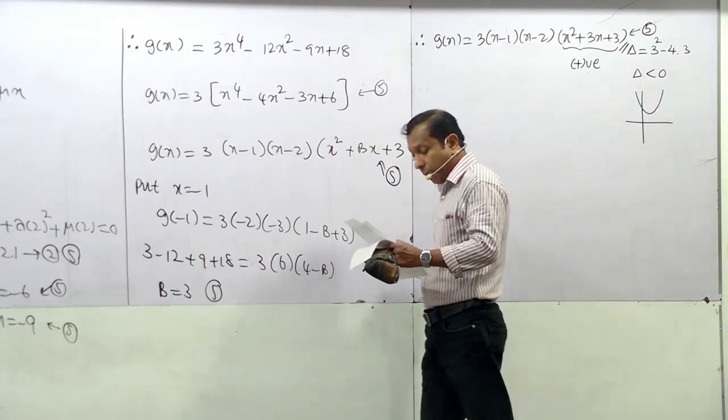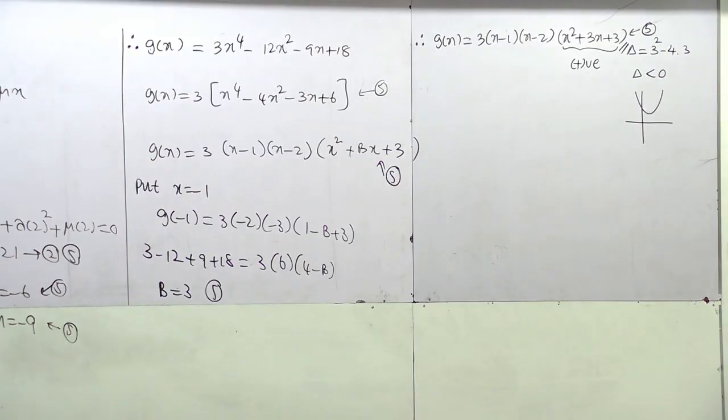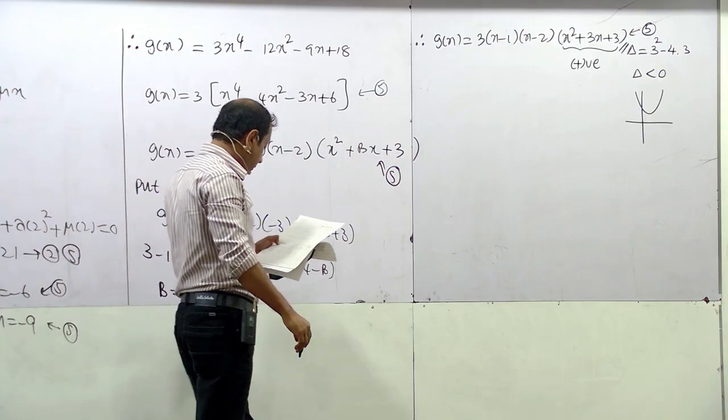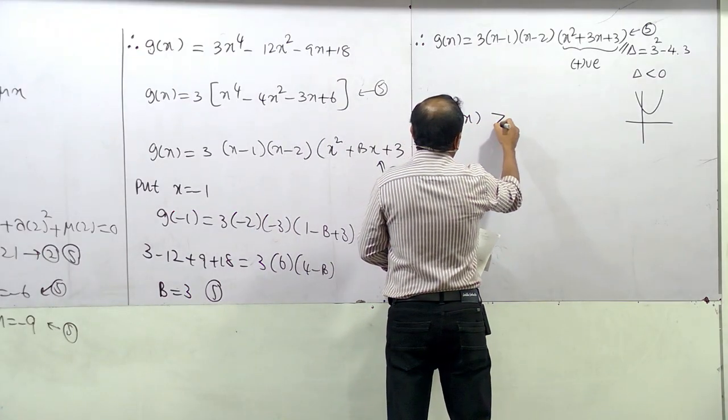Right. Now asking what next? Also find the range of x so that the function g(x) is positive. Range of x asking for the function g(x) to be positive. g(x) greater than 0.